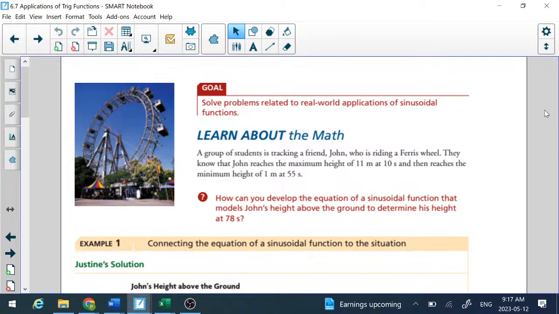Reaches a minimum height at 55 seconds. 30, 40, 55, minimum. One meters.